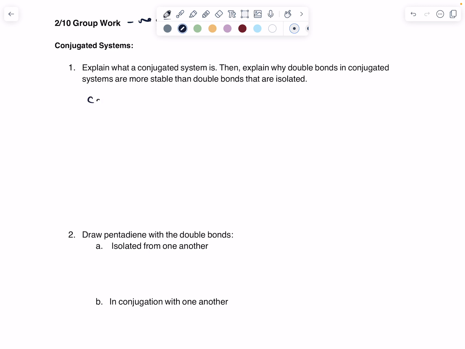So a conjugated system is a series of overlapping p orbitals. I spelled overlapping wrong.